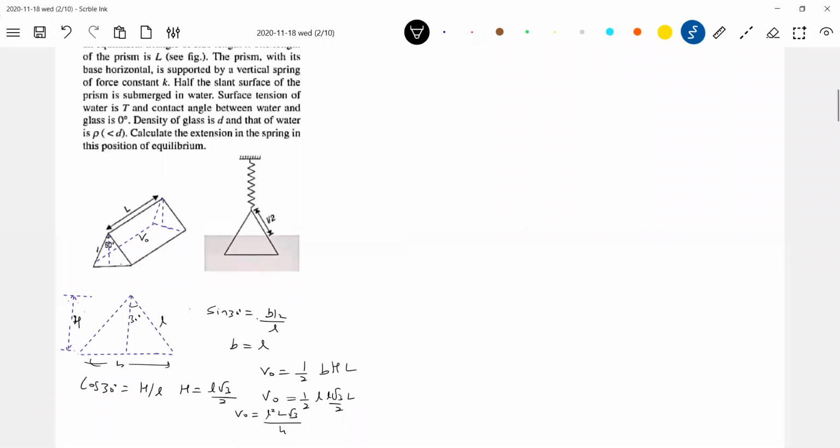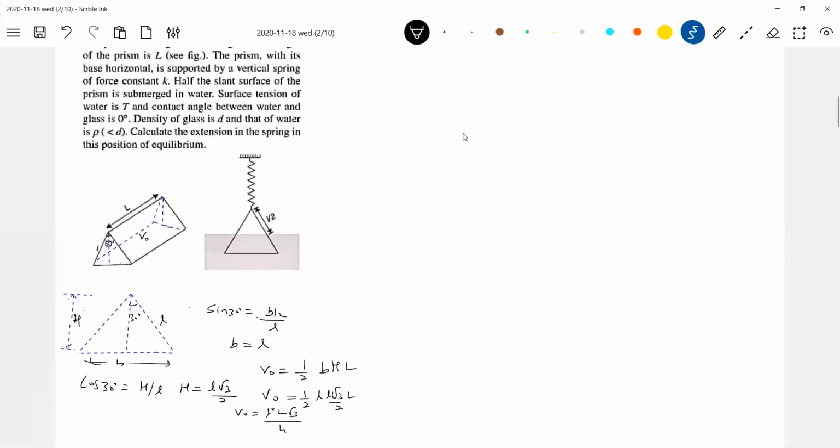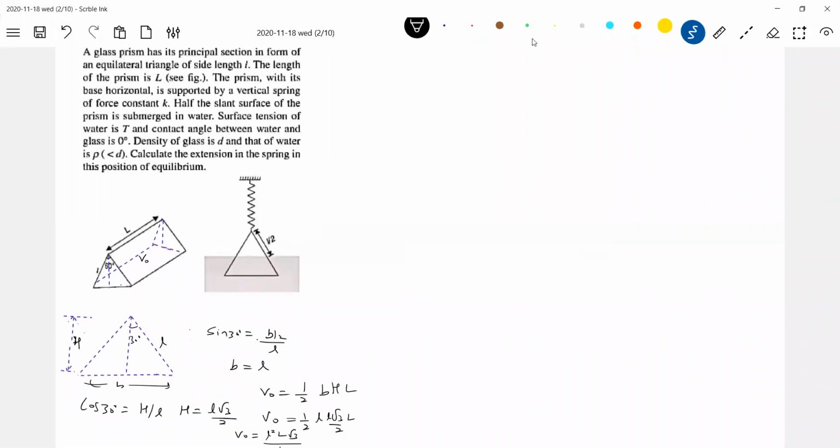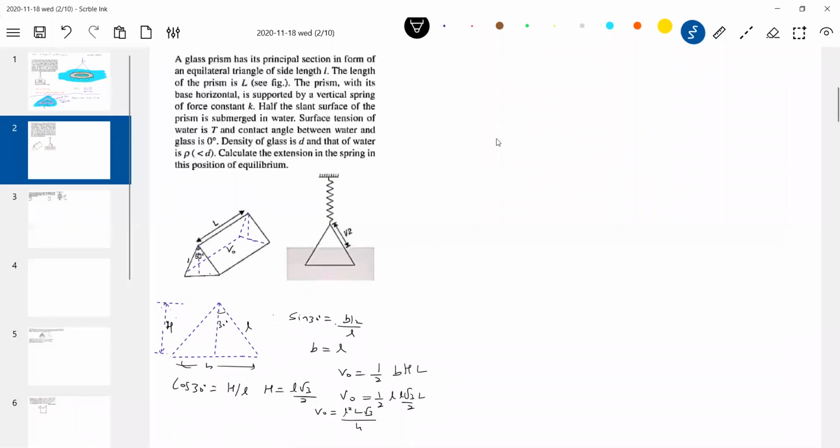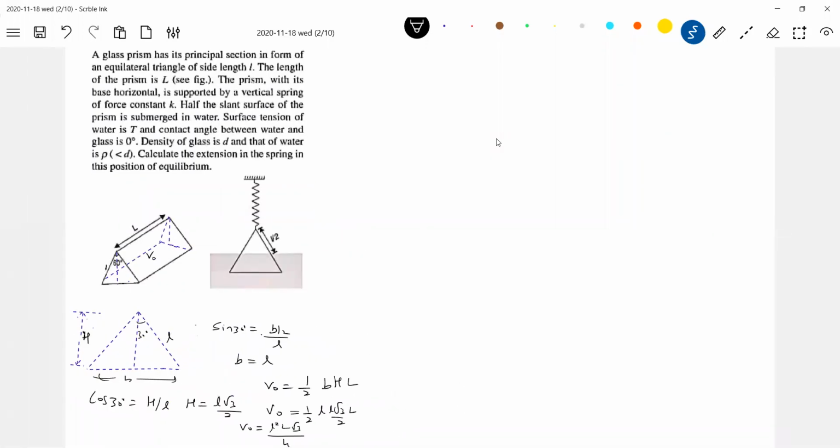Okay, fine. I think this is the geometry everyone knows, high school geometry that you have come across.